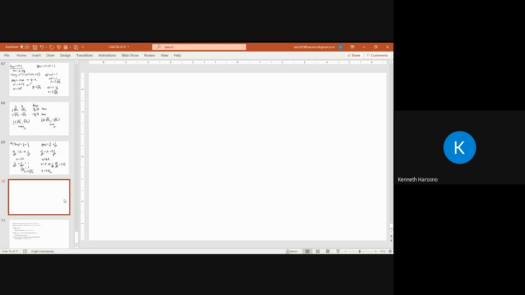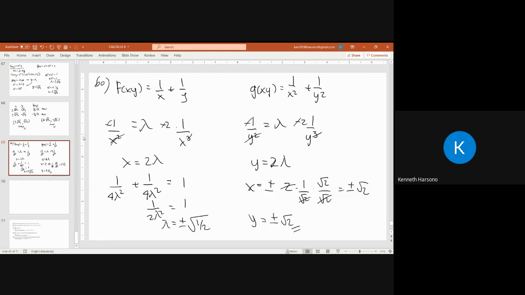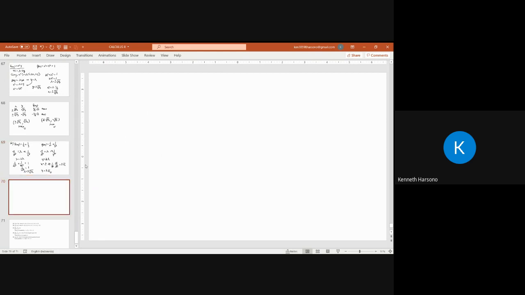And then we have to check by putting this point back into our first equation. So x equal to, when it's positive, this one is square root of 2.